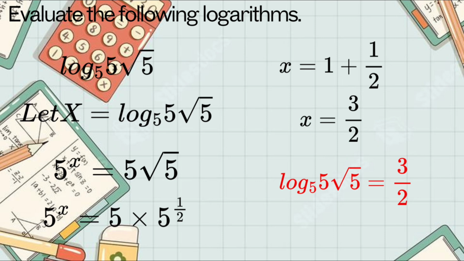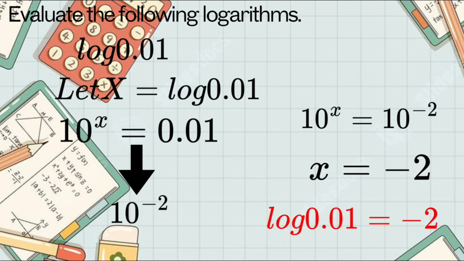Our answer is x is equal to 3 over 2. Where did we get 3 over 2? We multiply 2 times 1 to get 2, and add 1 to get 3, so we have 3 over 2. So log 5 square root of 5 to the base 5 is equal to 3 over 2.